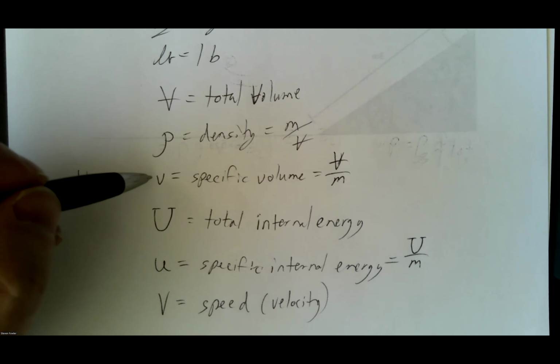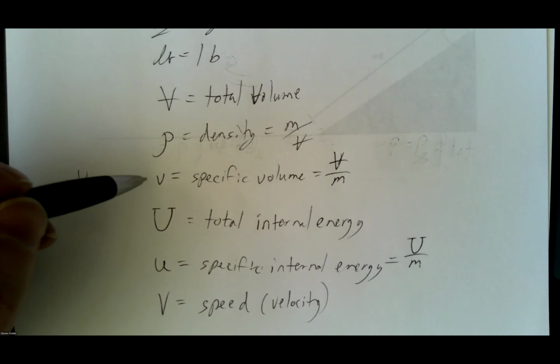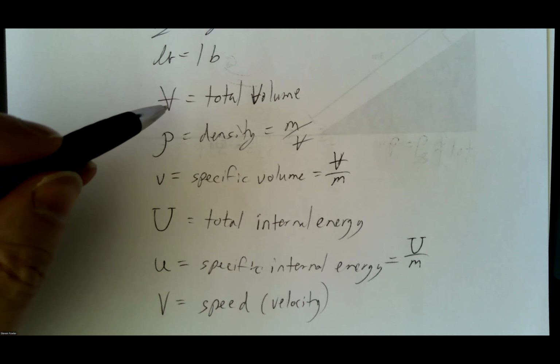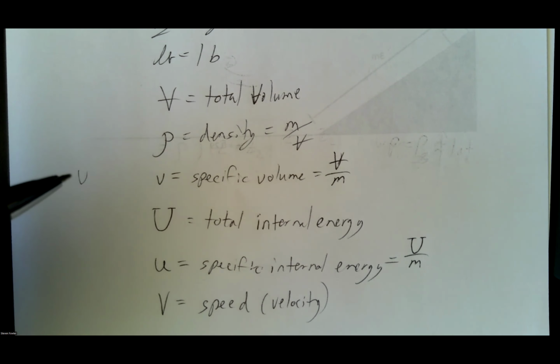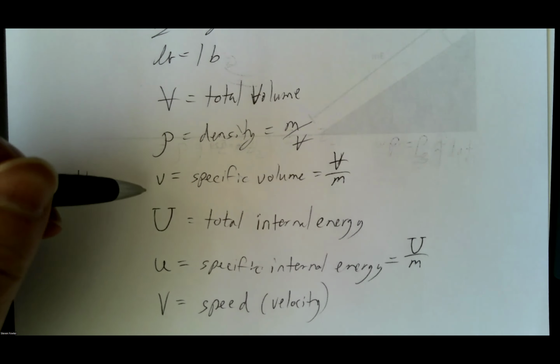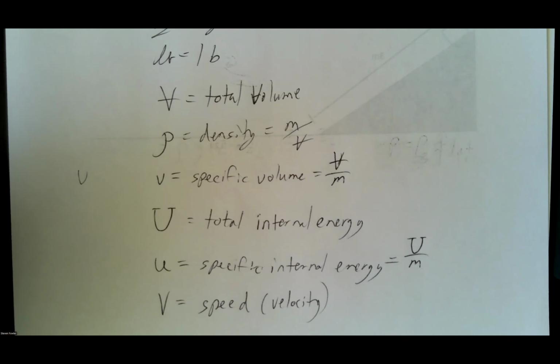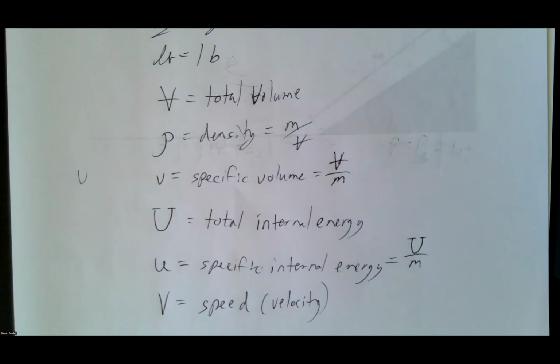How do you know capital from lowercase? I try to exaggerate and make my lowercase much smaller, and I tend not to put a really crisp corner in the bottom. I try to have a very crisp corner in the bottom of my capital V and not so crisp in my lowercase v. I'm pretty consistent about that. I'm not perfect, but if you're looking at it, is that a lowercase v or a capital V? That's how I differentiate between the two. If you look in the textbook, they'll use a different typeface to represent the total volume than the specific volume.